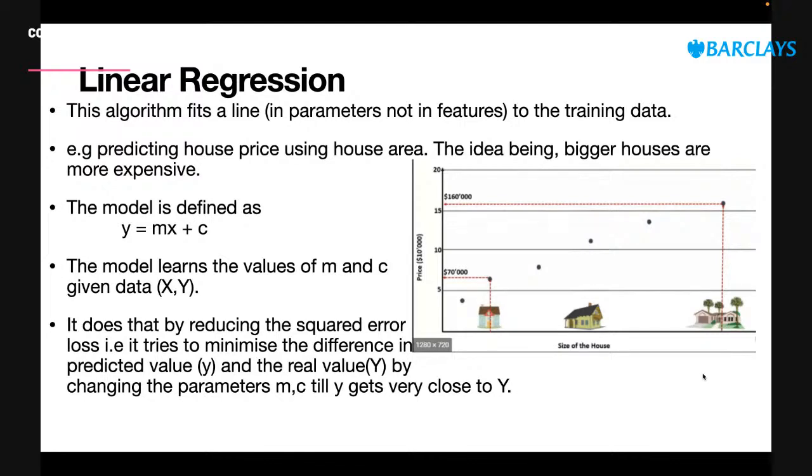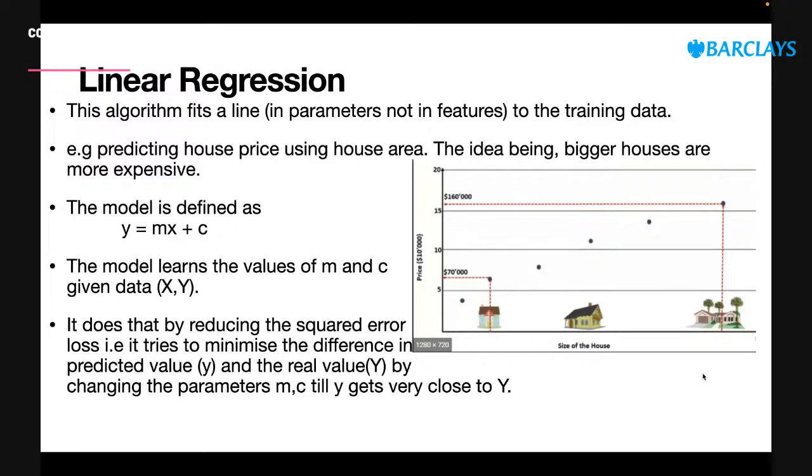It tries to minimize the error between the capital Y, which is the real value, and the small y, which is the predicted value. If the difference between the two is minimal, that means it is accurate, and that's how it calculates the accuracy.